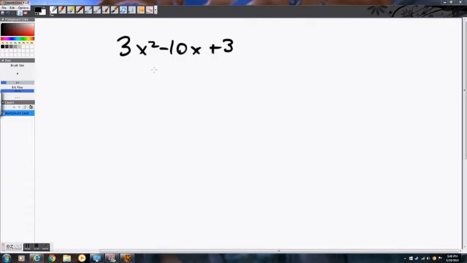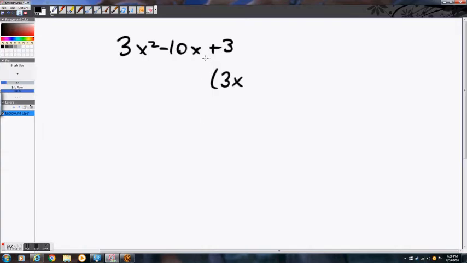Well, here, let's do the normal way. The normal way, we get this 3x. Okay, so we know that 3 is a prime number, so the coefficient of the x in one of the terms has to be 3.